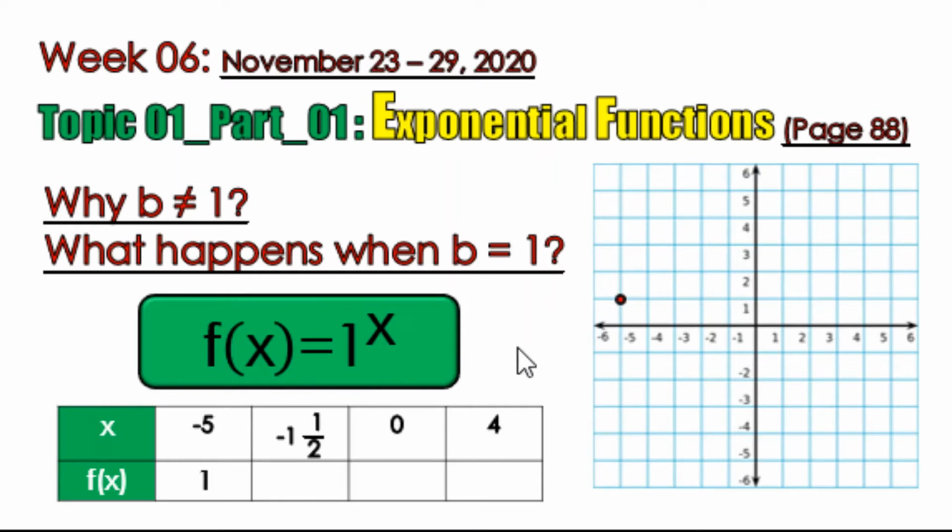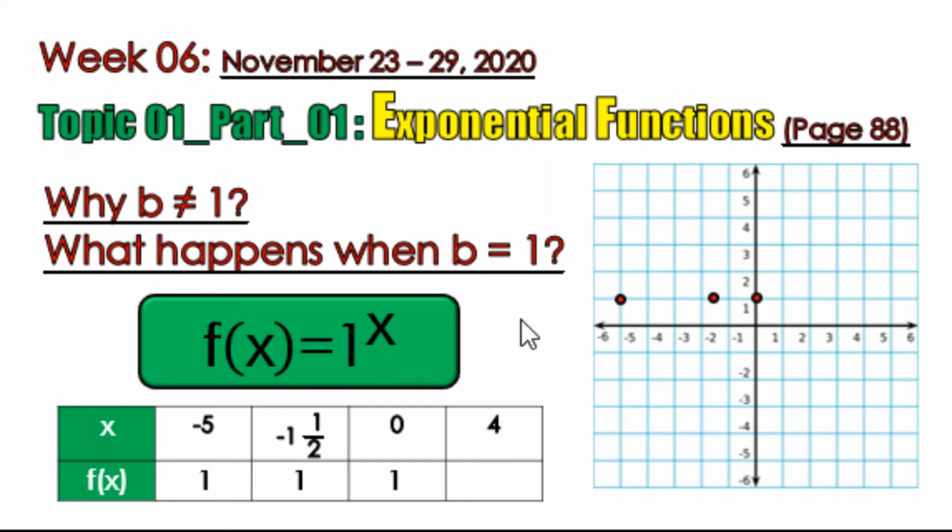And the location of the point -5, 1 is here. If x is -1 and 1/2, so 1 raised to -1 and 1/2, f of x is equal to 1. And the location of that point is here. If x is equal to 0, so 1 raised to 0 is 1.